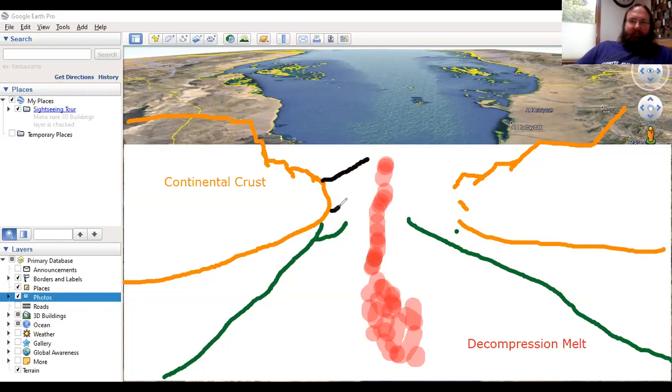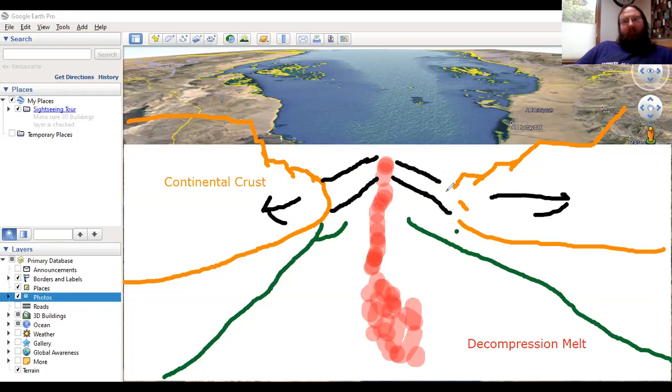And so you're getting the formation of a mid-ocean ridge. And while these two pieces of continent are spreading away from each other, you might notice that the pieces of continental crust on the side of the sea are still uplifted because they're being held up by thermal buoyancy.